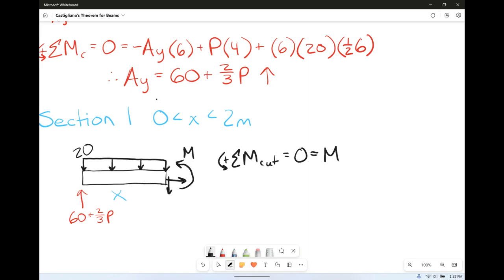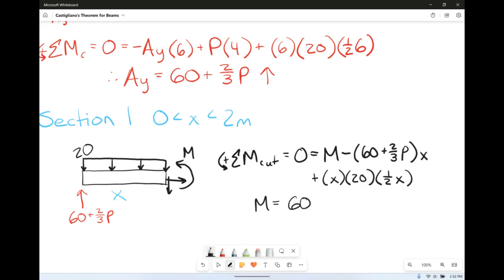Then we have our AY, which is going to be negative 60 plus 2/3 of P times its distance of X, plus we have the base, X, times the height, 20, times the distance from its center over to the cut, which is 1/2 of X. So we're going to find that M is equal to 60x plus 2/3 of P times X minus 10x squared.